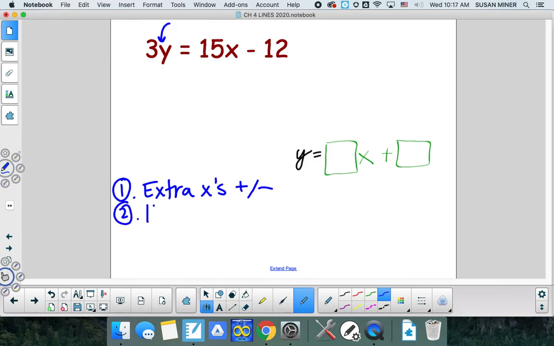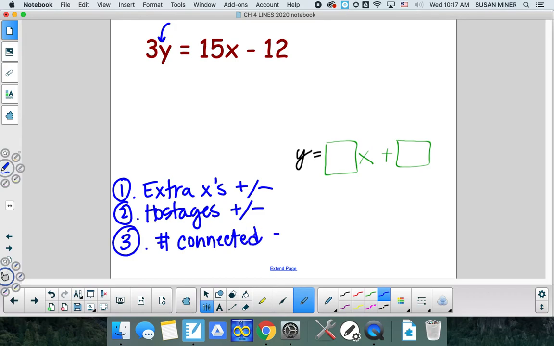Then I get rid of any extra numbers, and that's always add or subtract. And the last thing I always do is get rid of the number that's connected to my variable, and that's always divide. Looking at this, there's no extra variables or extra numbers to get rid of, so I can just skip over those steps.